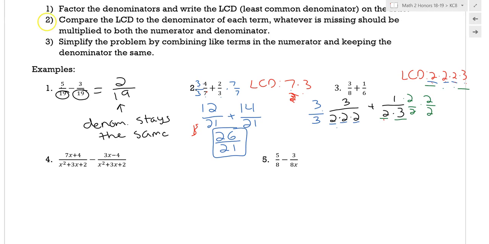Now what do we have? 3 times 3 is 9 over, again, I'm going to actually multiply out 3 times 2 times 2 times 3, which is 24, yeah, okay, I had it right. Plus 1 times 2 is 2 times 2 is 4, over 2 times 3 times 2 times 2, which is still 24. And that equals 13 over 24.